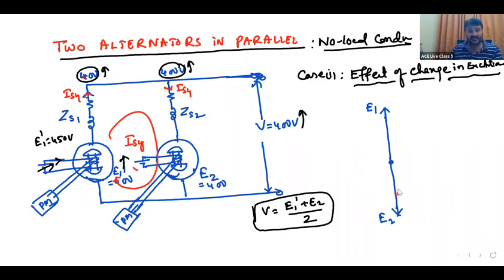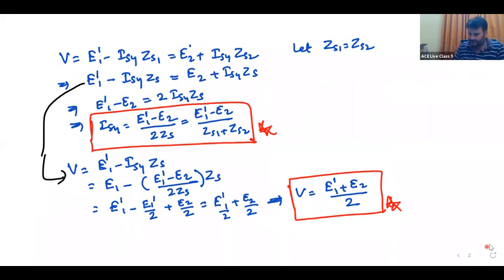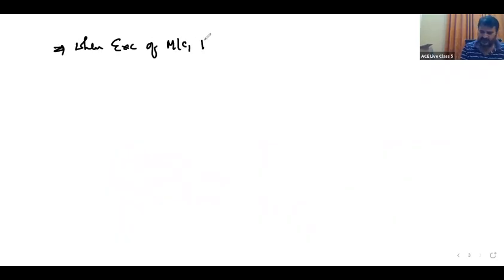But when the excitation of machine 1 increases, E1 increases to E1 dash. Let me take it on the next page.